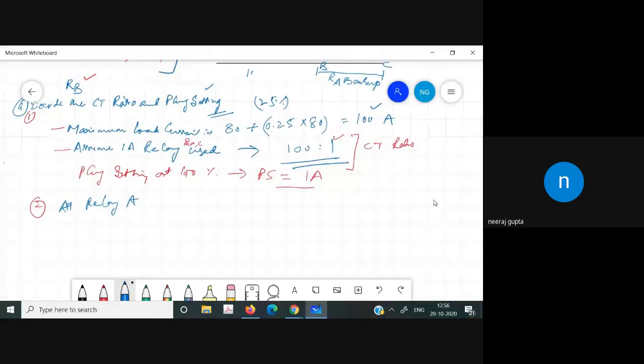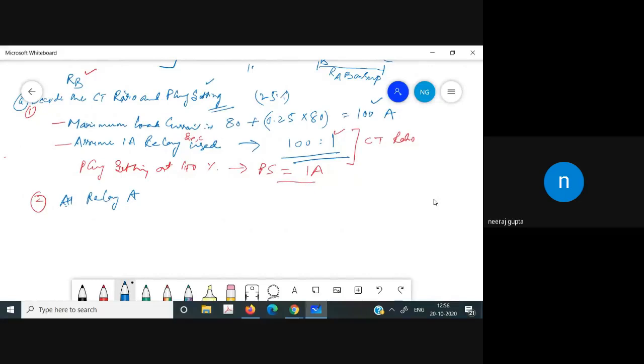So the maximum load current in this case is 160 plus 80 and 25% of overload, as we have done in the previous case also.